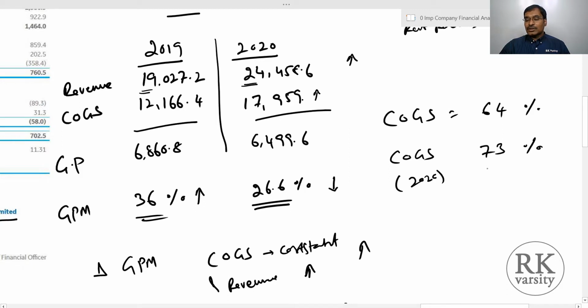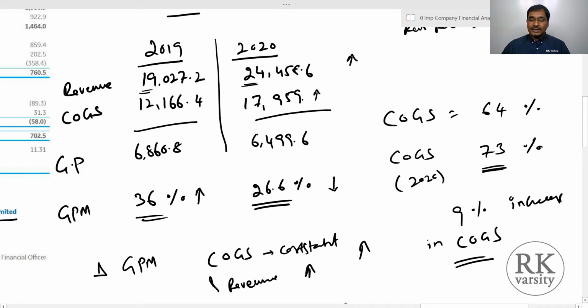So the cost of goods sold increased here. If you find the difference, there is around a 9% increase in cost of goods sold. This 9% increase in cost of goods sold adversely affected your gross profit margin. So the gross profit margin shows more or less the same, a 9% decrease.